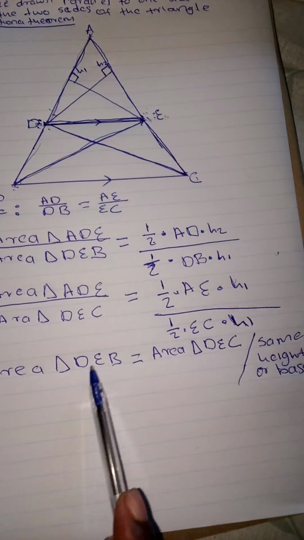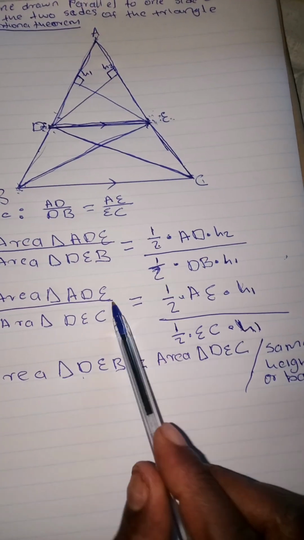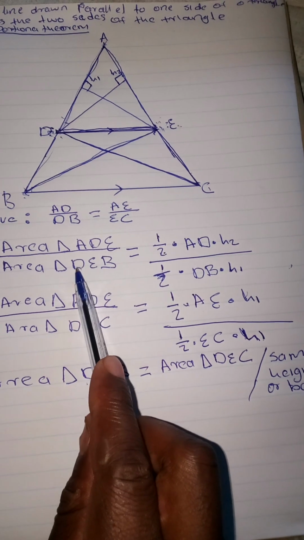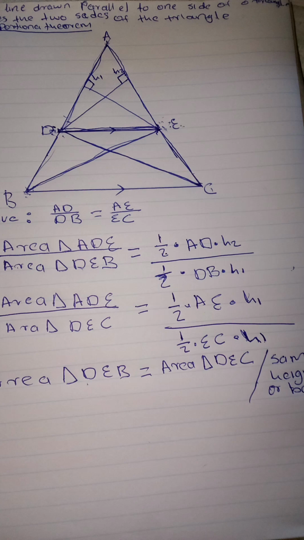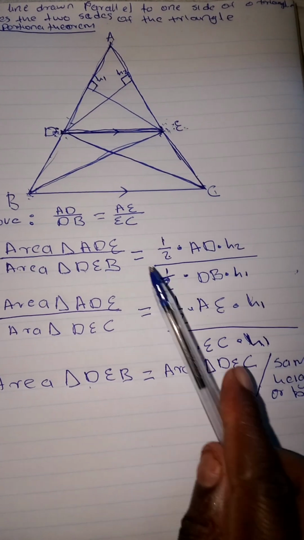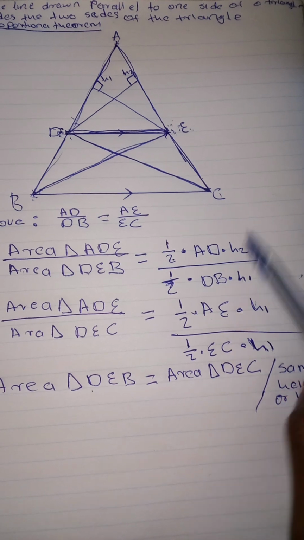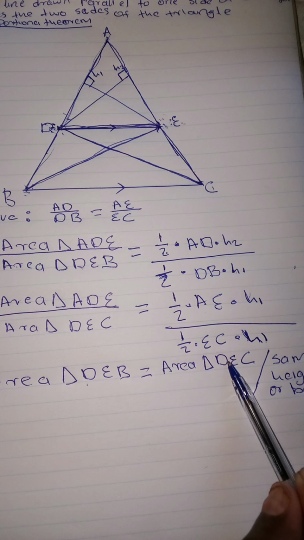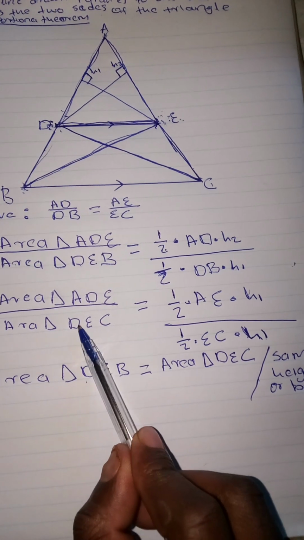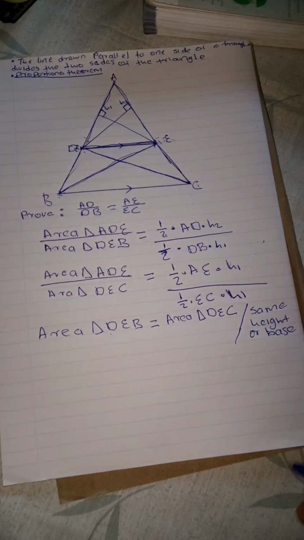If you check the area of DEB, it is sharing the height, which is H1, and then with the area of DEC, it is sharing the height, which is H1.